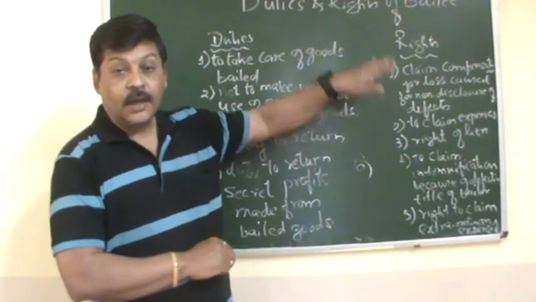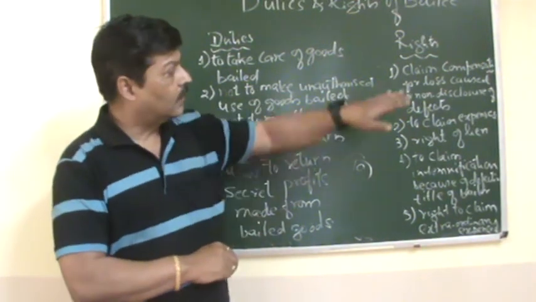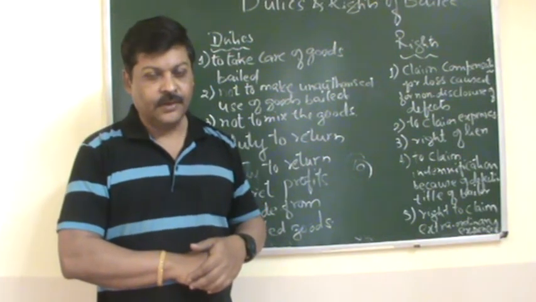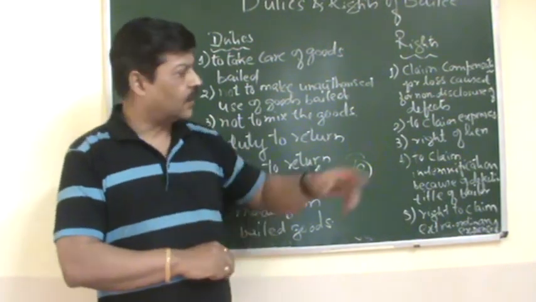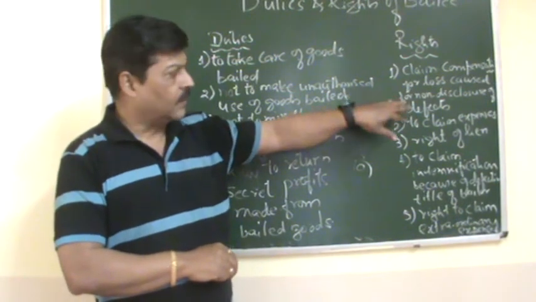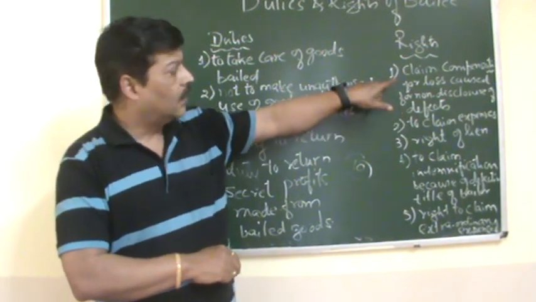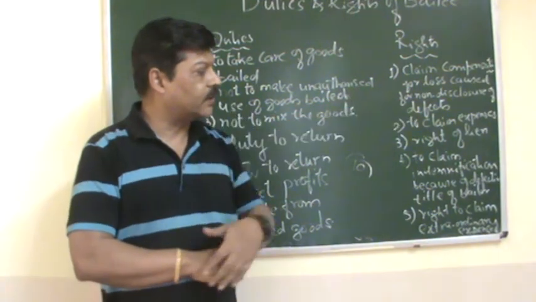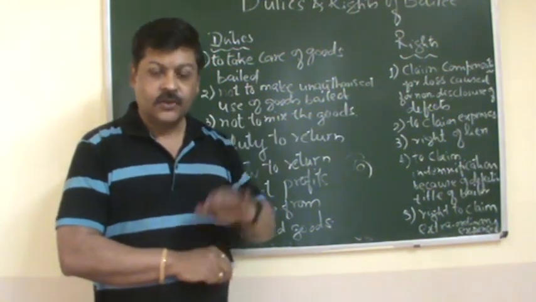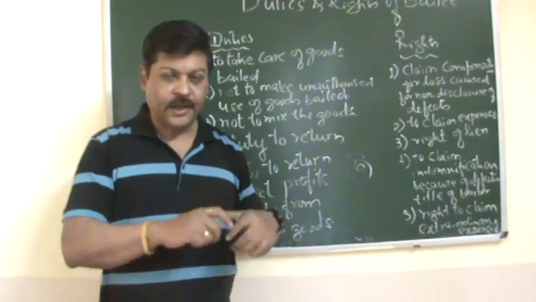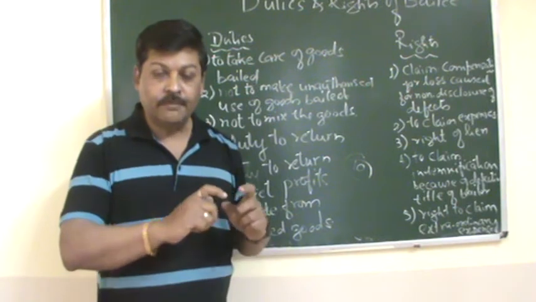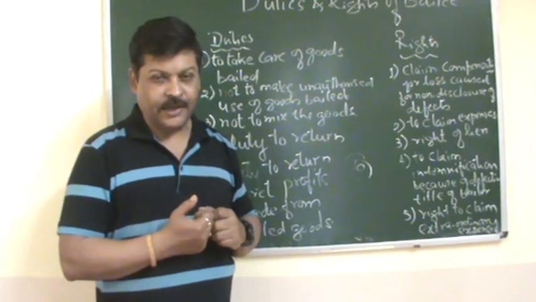Whereas along with the duties, the bailee has been given certain rights also. Like the first right is the right to claim compensation for the loss caused by non-disclosure of the defects. Earlier we have seen that when the bailor delivers the goods, whatever defects are there in the goods known to him, he should disclose to the bailee.